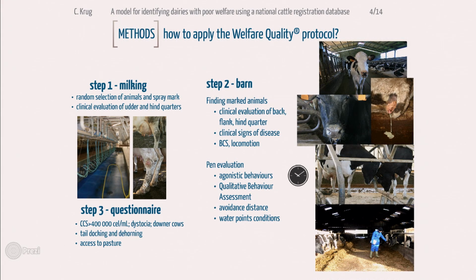We select those animals, mark them, and then go searching for them at the barn to do a second part of the evaluation that includes, for example, the assessment of lameness. Then there is also a group evaluation where we look at the behavior of animals, if they have a lot of agonistic or aggressive behaviors. And we also look at the avoidance distance to see the human-animal relationship, for example.